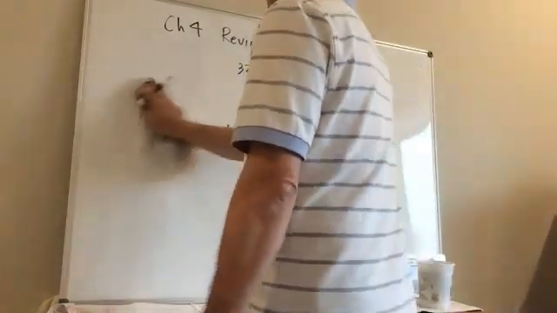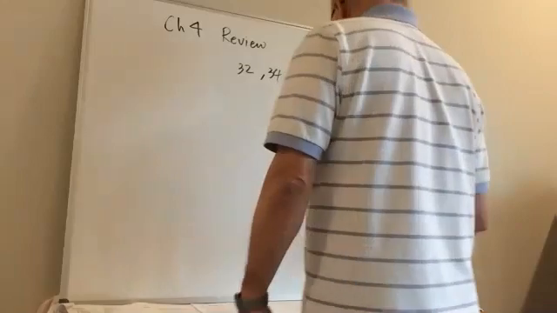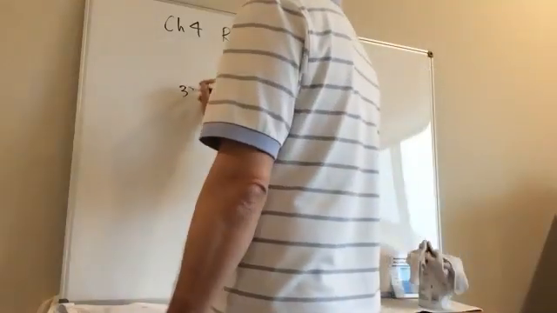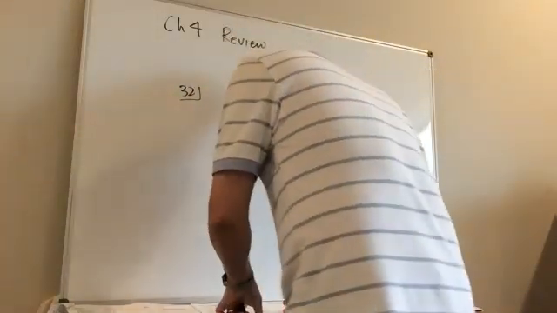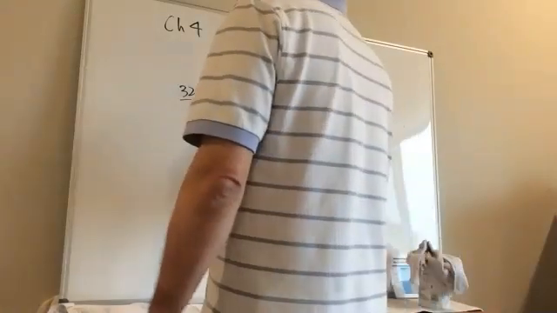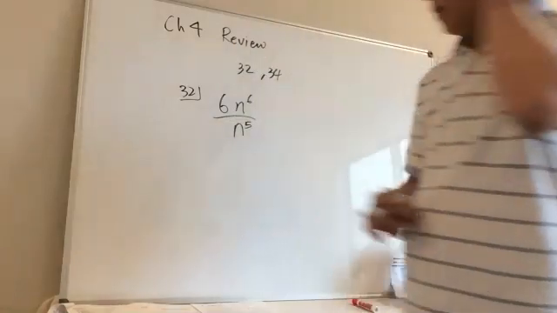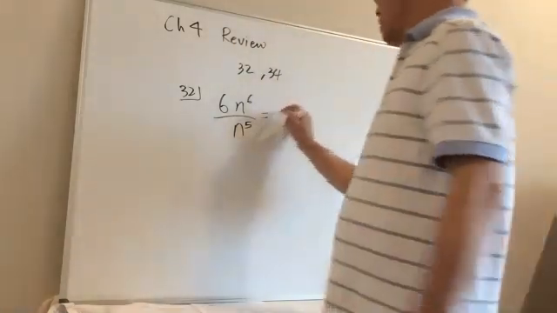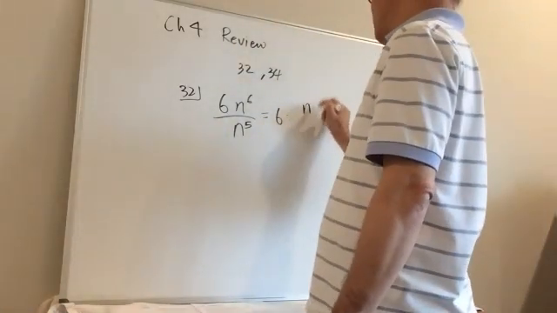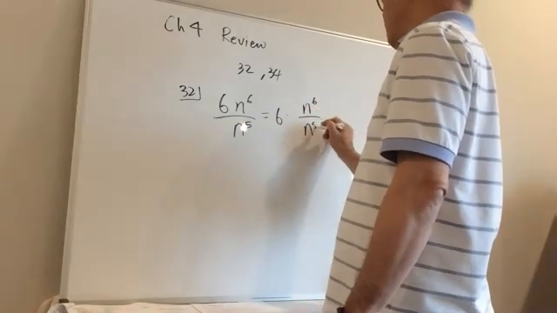32 is a little bit different. On 32, I have 6n to the 6th over n to the 5th. Okay, so this is the same as 6 times n to the 6th over n to the 5th.